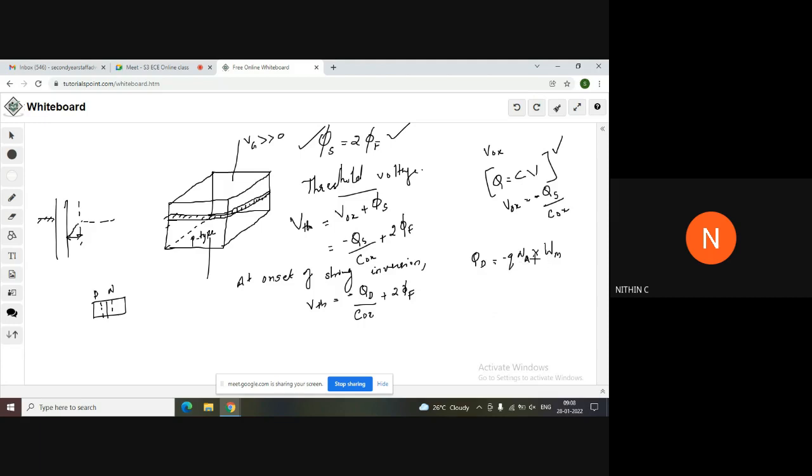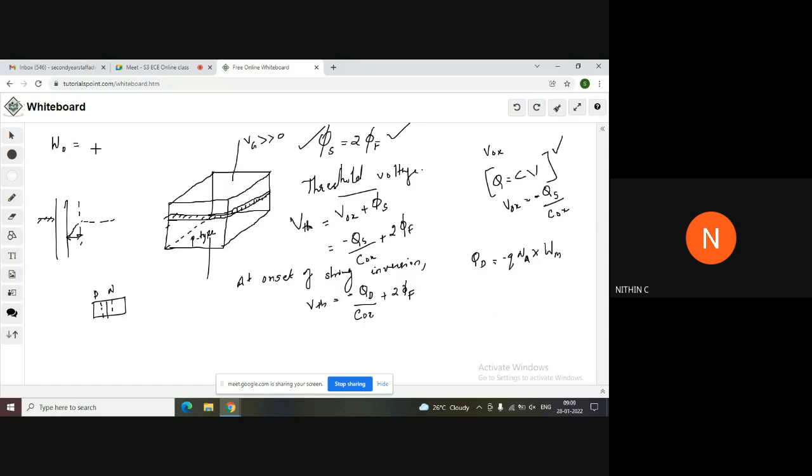Usually it would be minus QNA into A into Wm, but here we are considering A as 1. That's why we are taking it as minus QNA into Wm. That will be QD.